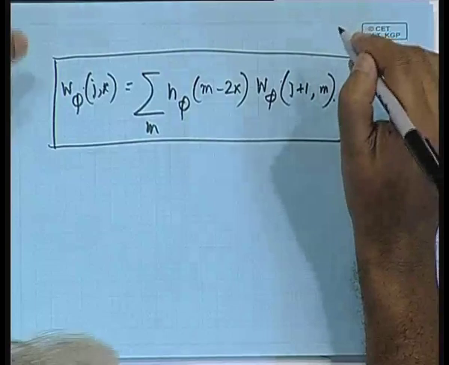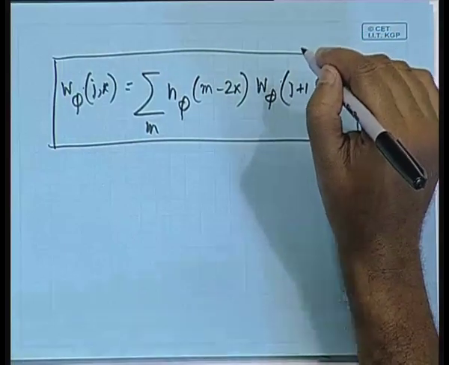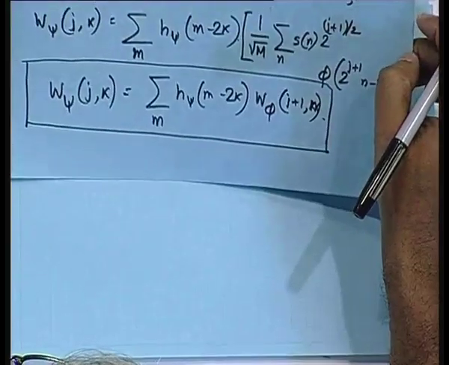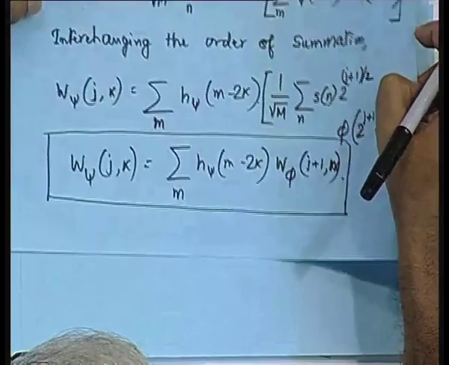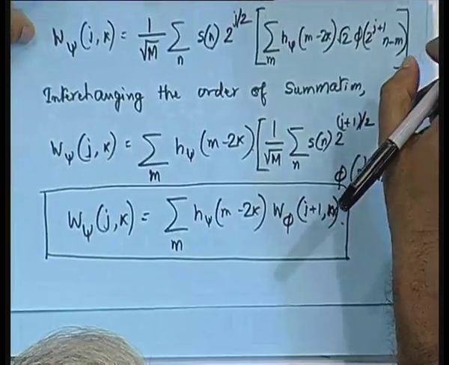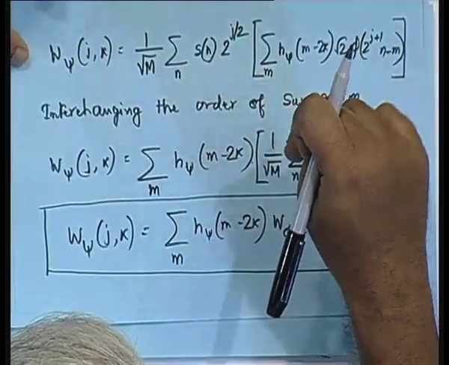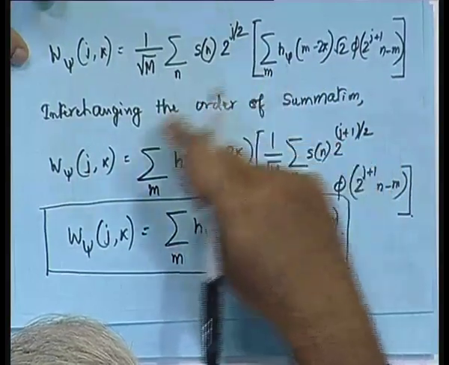So, you should not be bothering about this m and the k. Here k is a shift parameter that we are considering.